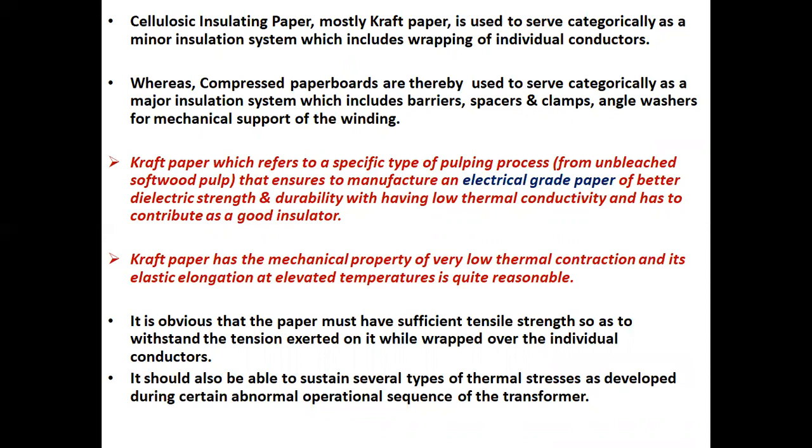Kraft paper refers to a specific type of pulping process, from unbleached softwood pulp, that produces an electrical grade paper of better dielectric strength and durability with low thermal conductivity, making it a good insulator.